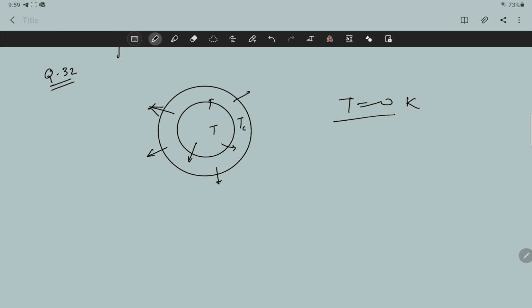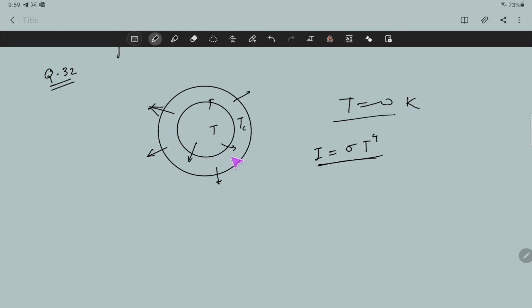So it's a question of simple Stefan-Boltzmann law, that the radiation intensity is proportional to sigma T to the power 4. This is the energy radiated per unit area per unit time.